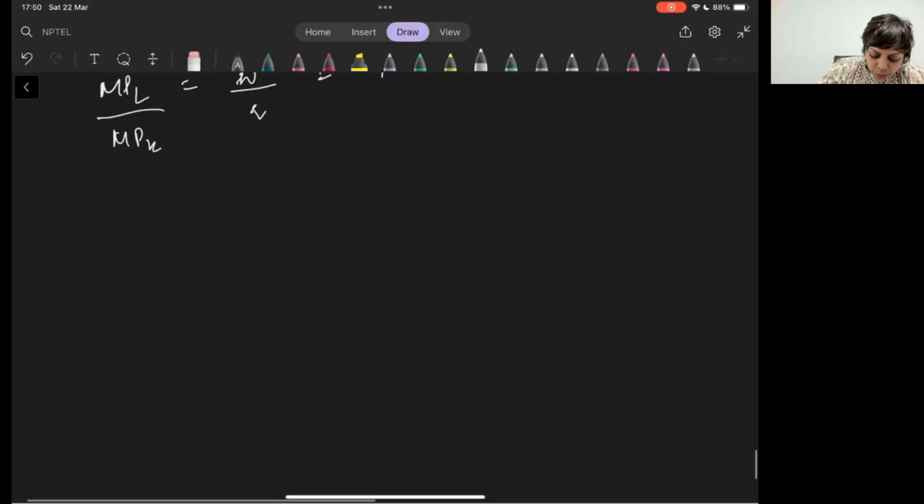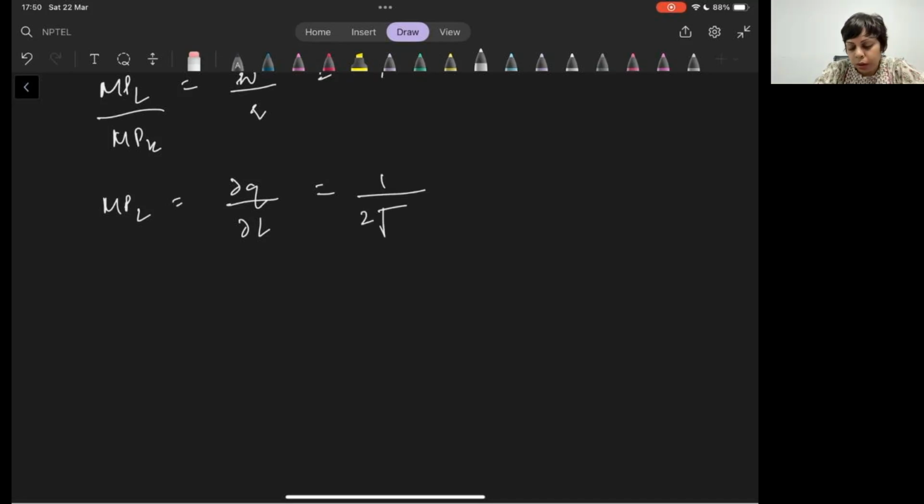Now let's just solve for MRTS, or we know MRTS as we just directly solve for MPL, which is del Q by del L, which in our case comes out to be 1 upon 2 root L into root L plus root K, I think. Let me check.